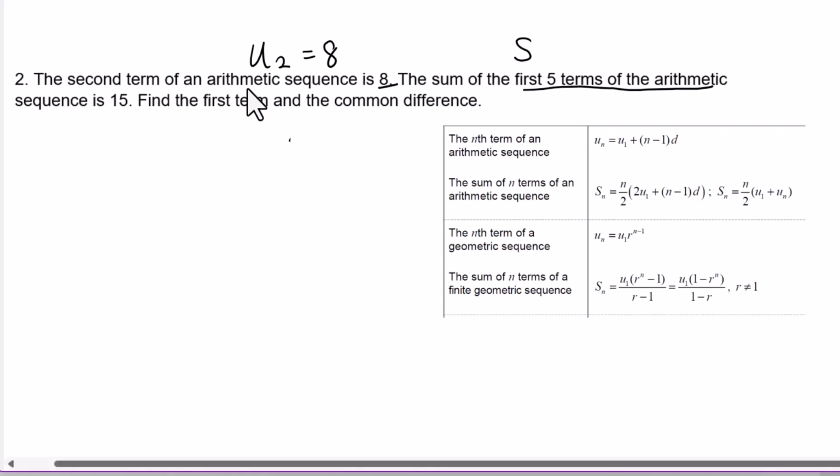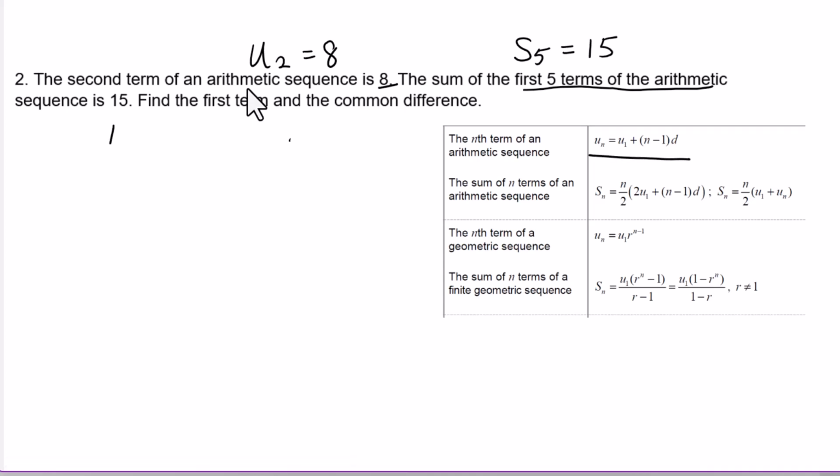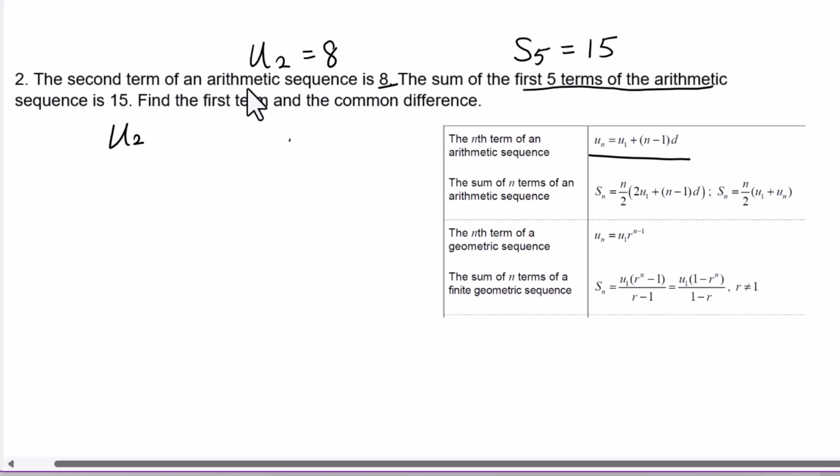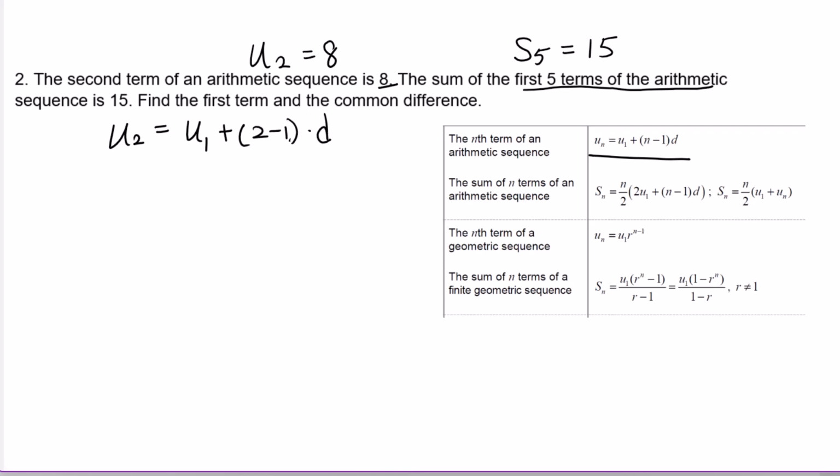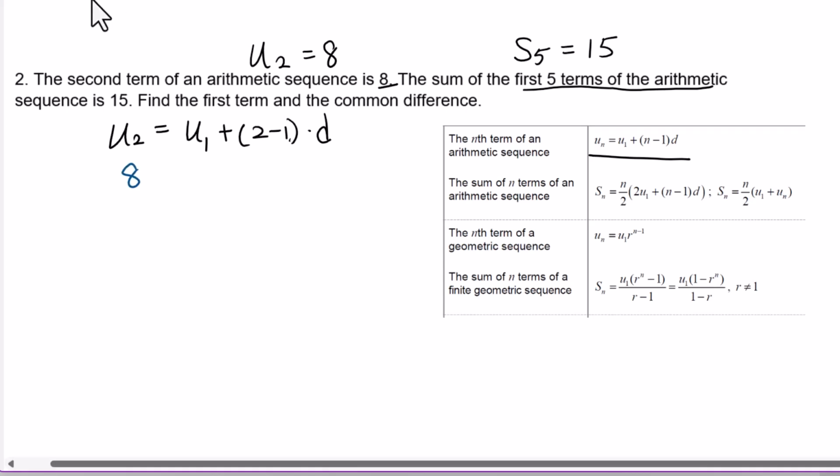Find the first term and the common difference. This is the formula for terms. So u sub 2 equals u sub 1 plus 2 minus 1 times d. Substitution: 8 equals u sub 1 plus d.